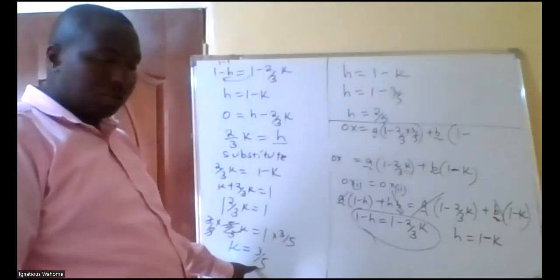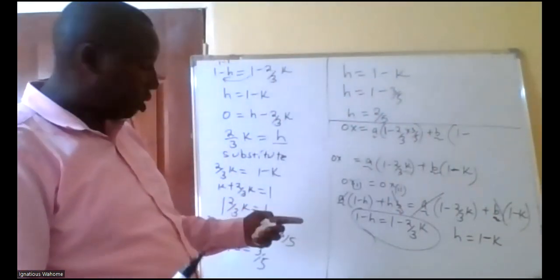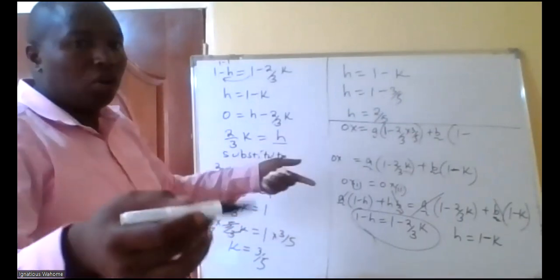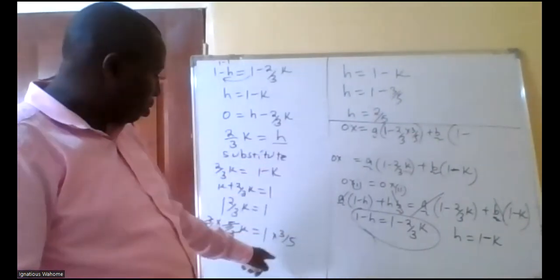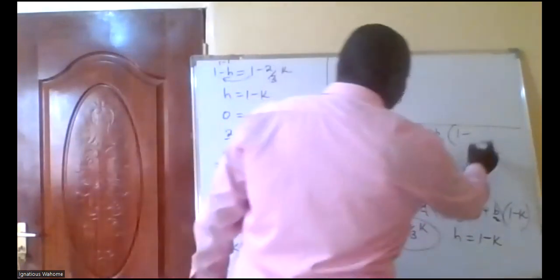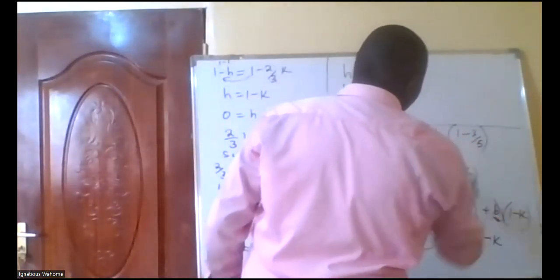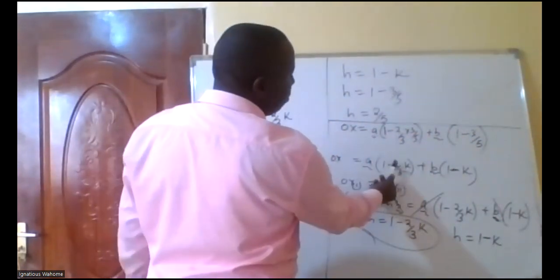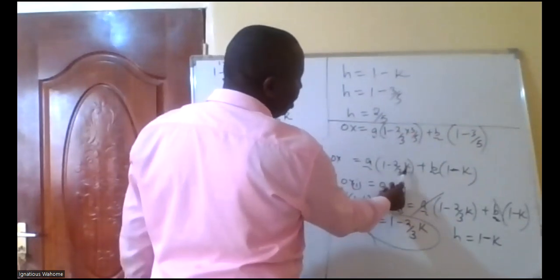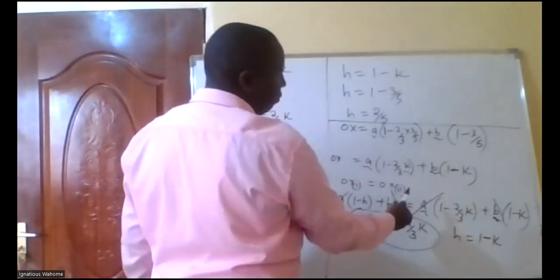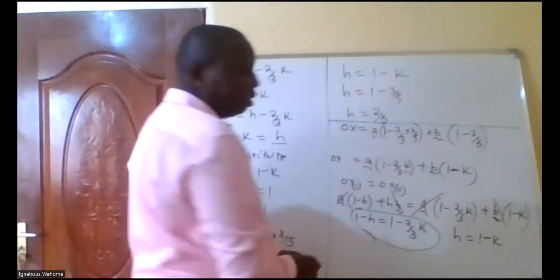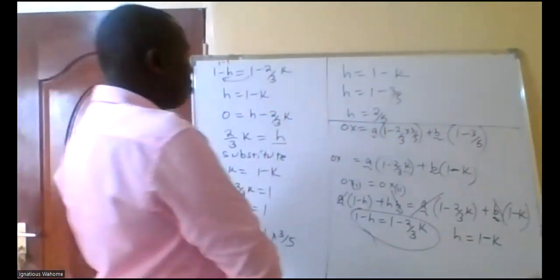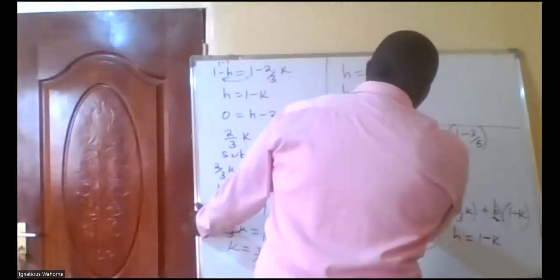You take any of the two equations and substitute the value of k or even the value of h. In this case, we are substituting k, 1 minus 3 over 5. The value here, 2 over 3 times 3 over 5. So what do you get?